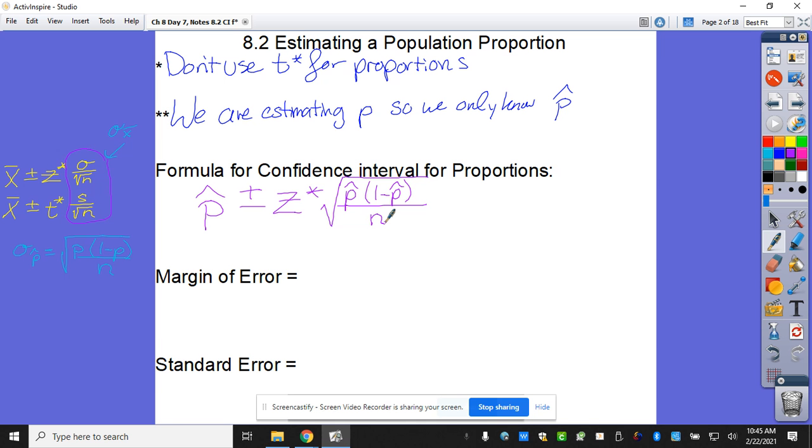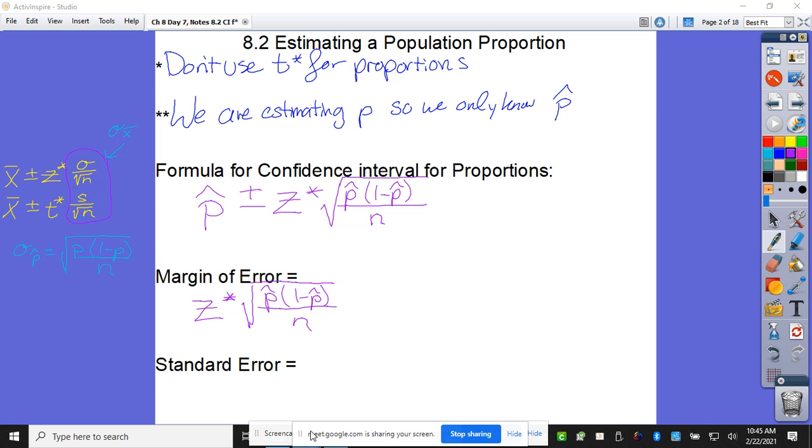So just kind of checking our vocab stuff here. What part of that is margin of error? And what part of that is standard error? From before, what was standard error with me?